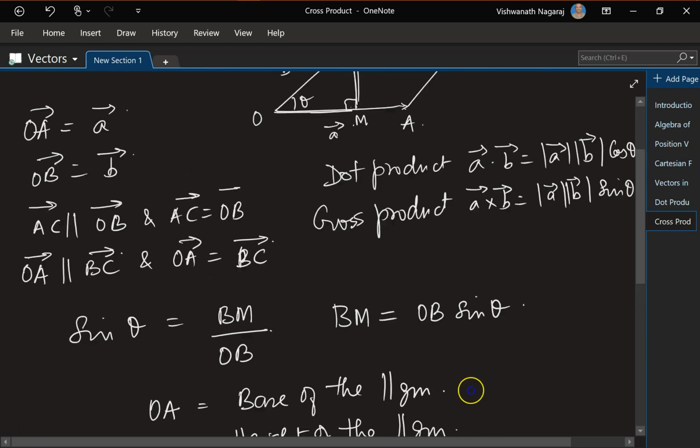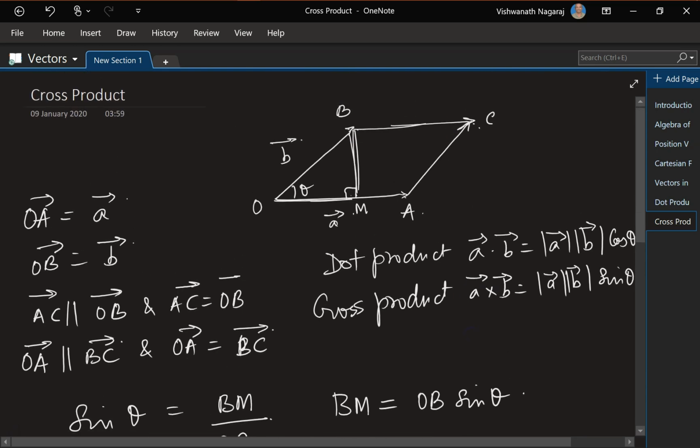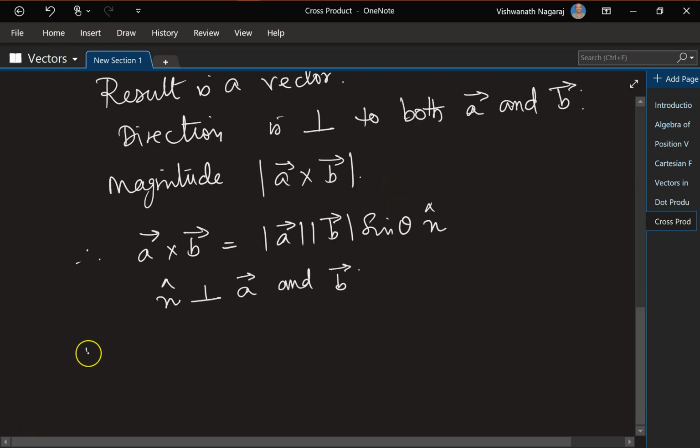Now if you look at only OAB, that is a triangle, which is half of the parallelogram. So area of triangle OAB would be equal to half of the magnitude of the cross product.